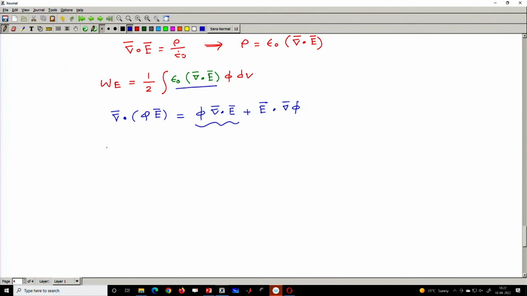So, phi multiplied by the divergence of E is simply the divergence of phi E, minus E dot the gradient of phi.